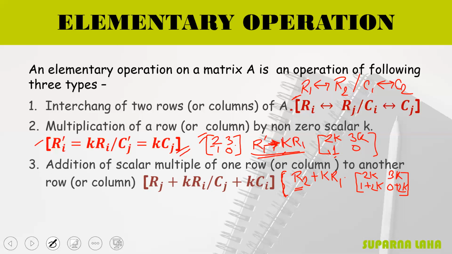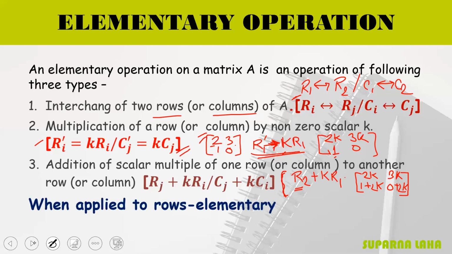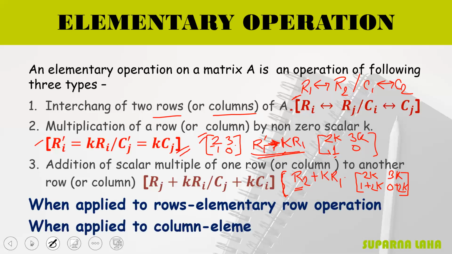Now if you notice here, we are applying this operation on a row or column, right? Either we can apply it on a row or we can apply it on a column, but not together. We will apply it separately, either row or column. So when we are applying this operation on a row, we will call this an elementary row operation, and if we are applying on a column, we will call this an elementary column operation.